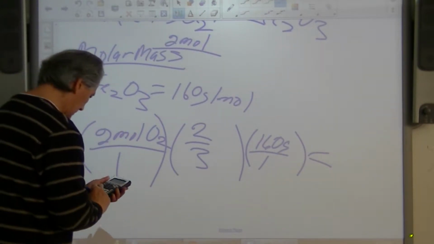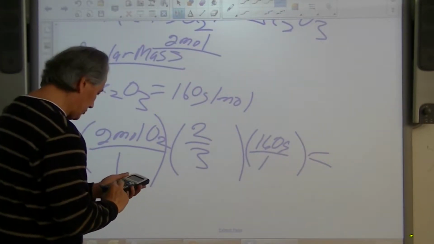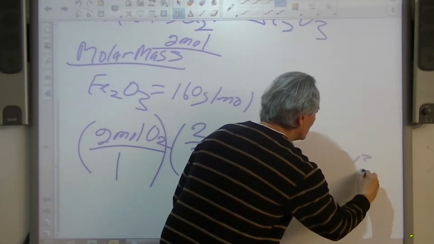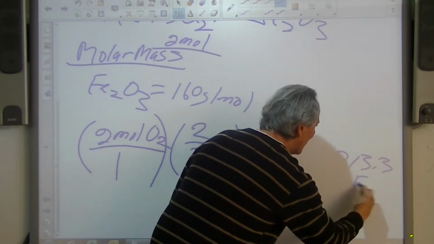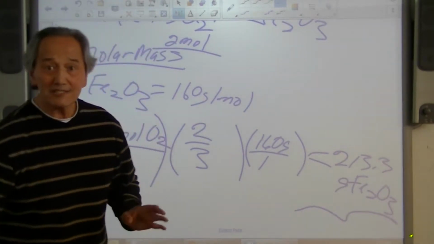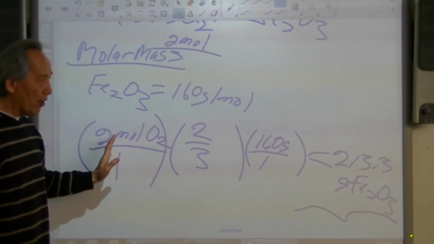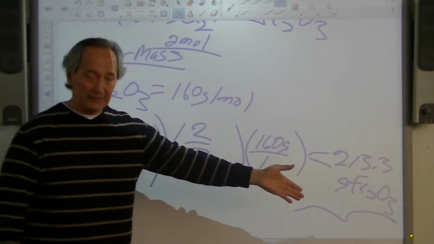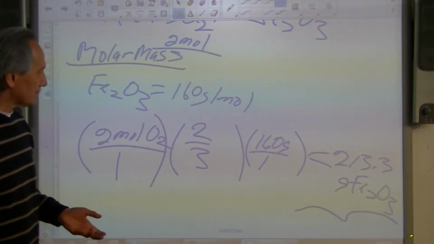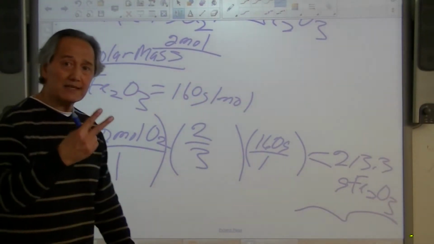We got 4 divided by 3 times 160, which in fact gives us approximately 213.3 grams of Fe2O3, and hence we have just completed the second type of stoichiometry problem, beginning with moles and ending in mass, in this case on the iron 3 oxide, which came to approximately 213.3 grams of iron 3 oxide. And that is the second stoichiometric problem.